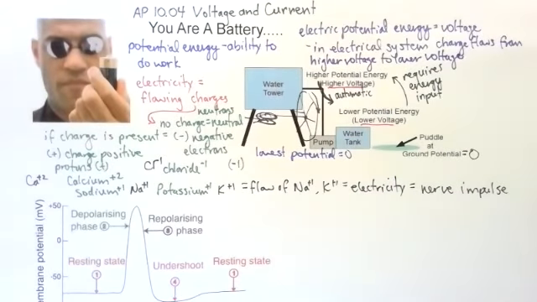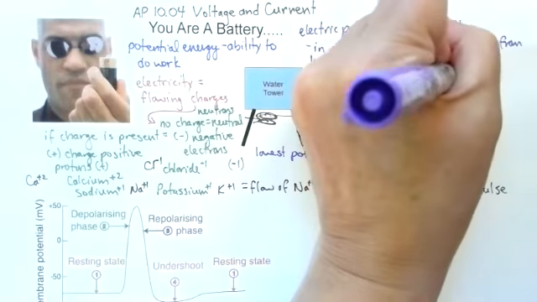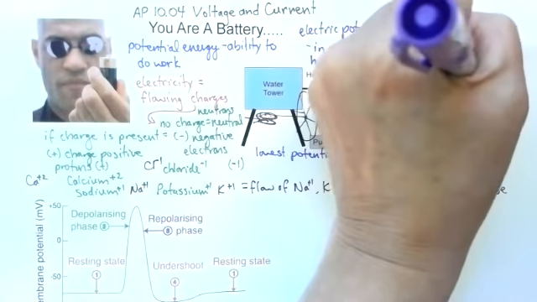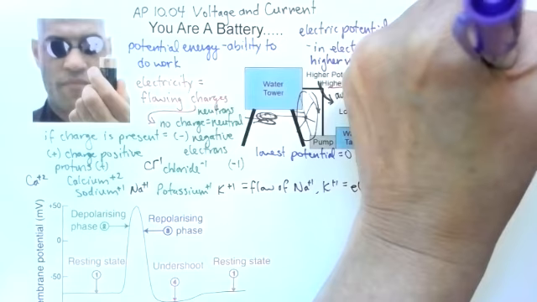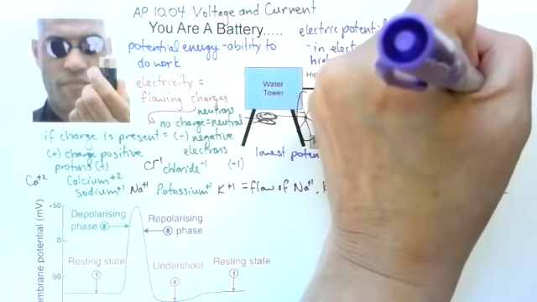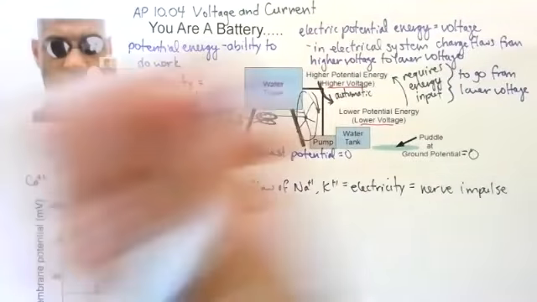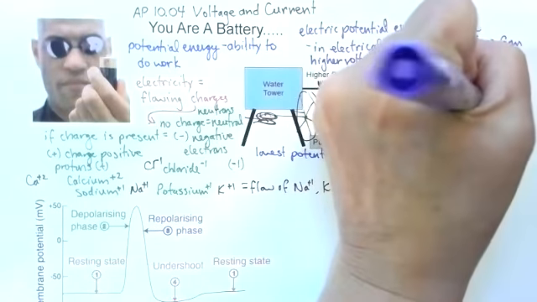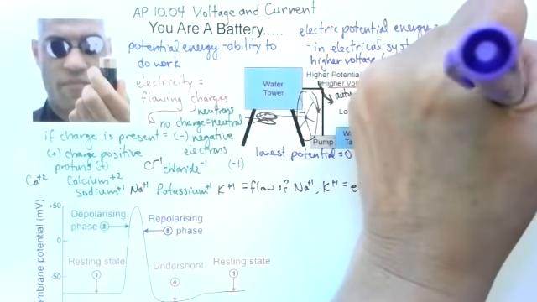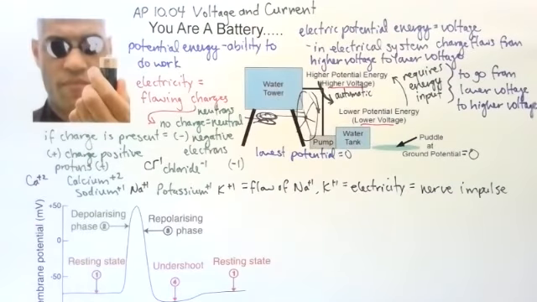For charge to go from lower voltage to higher voltage requires energy input.